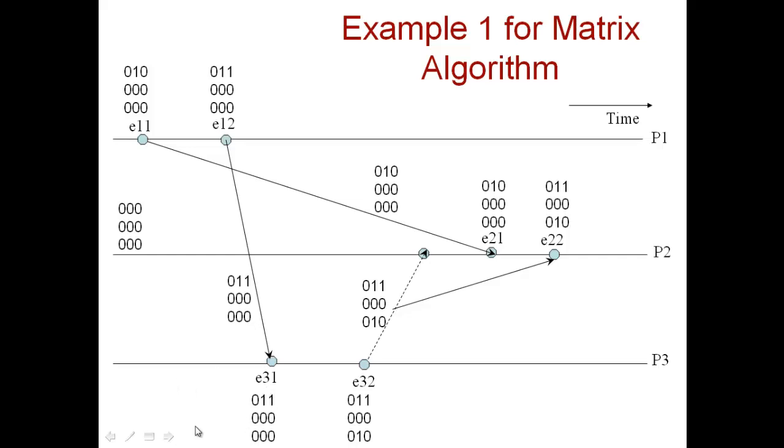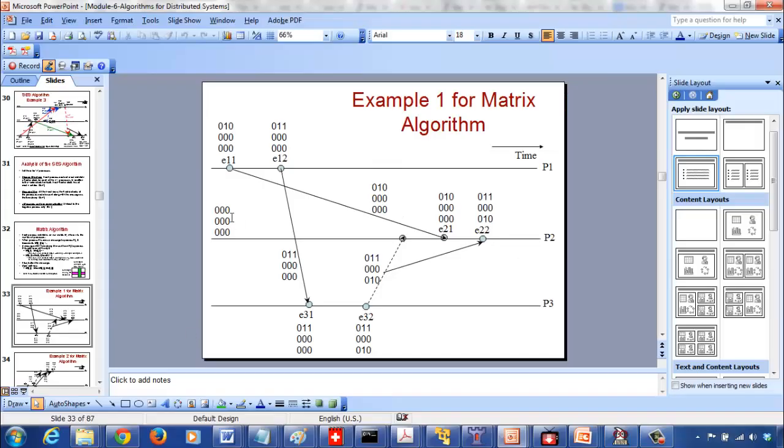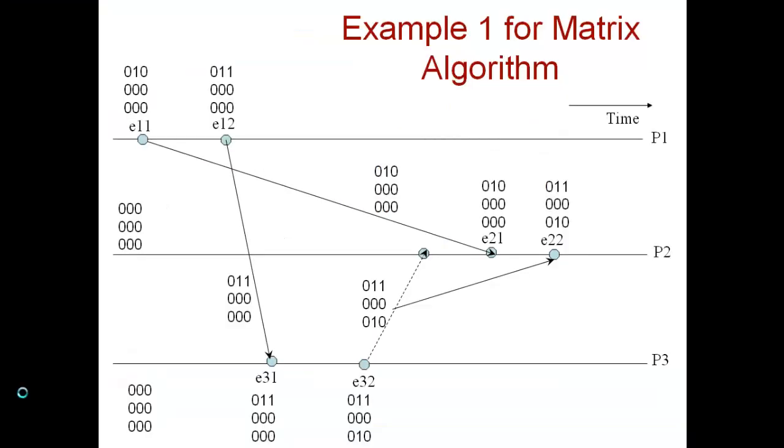Now P3, initially it has a matrix clock like this. So when you compare the clocks, P3's matrix clock is something like this to start with. Look at the third column, because this is at P3, the third column indicates the number of messages you have received from every other process.